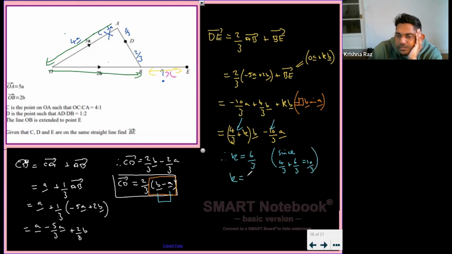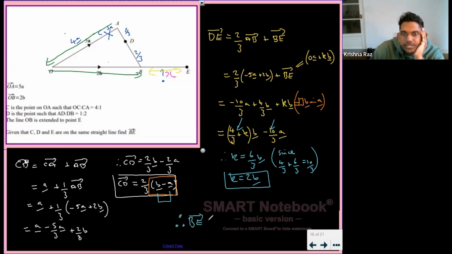So K equals 2, because 6 divided by 3 is 2. And it's the B component. So given that CD and E are on a straight line, find BE. Therefore, BE is 2B.